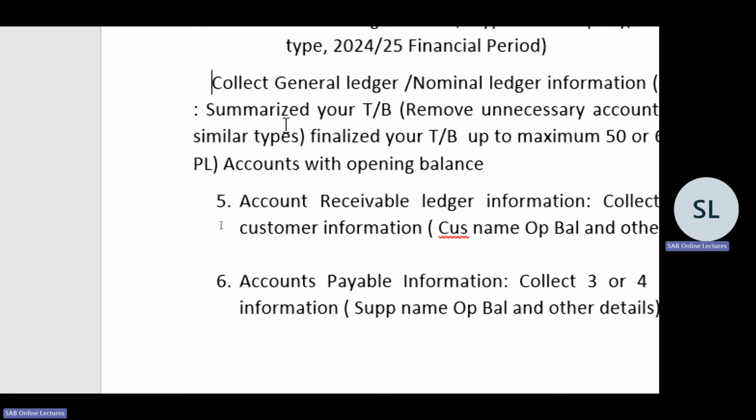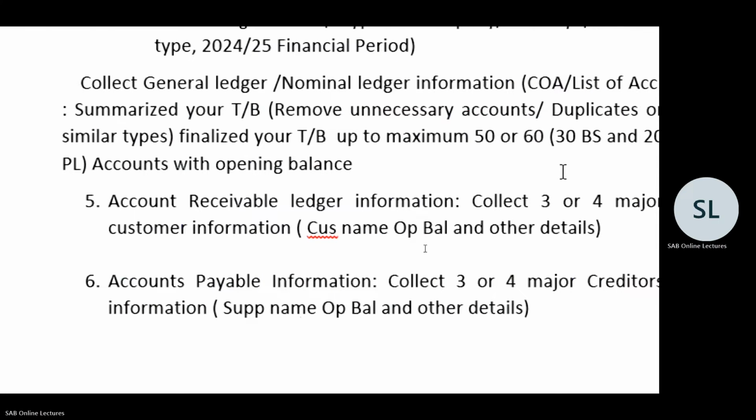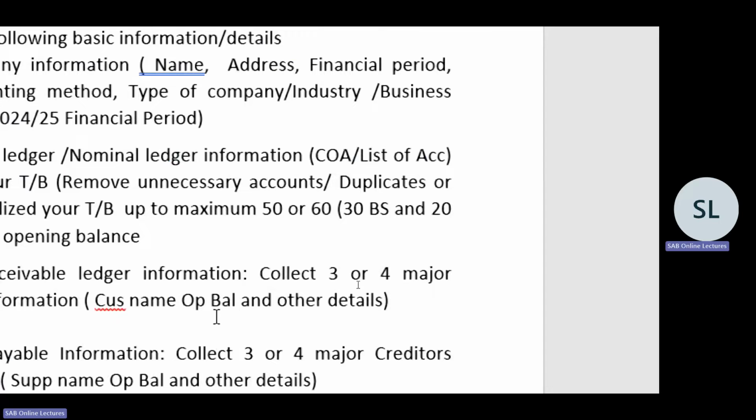In a practical company, there are a large number of asset, expense, and liability accounts. Don't select all assets and all expenses. You have to summarize your trial balance after taking the trial balance details that way. A maximum of 50 accounts is enough, 50 or 55.